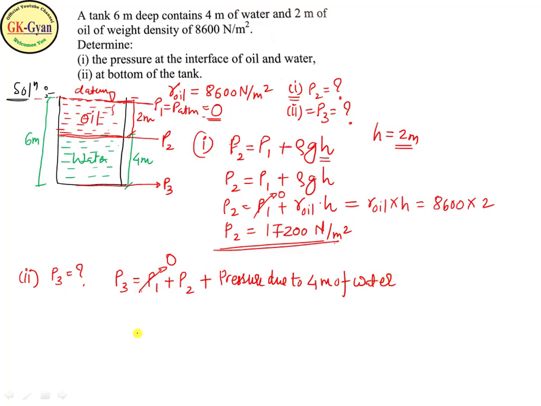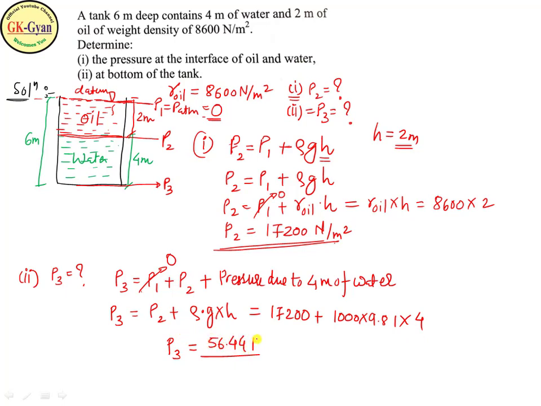P1 we know is 0 as it is open to atmosphere. So P3 equal to P2 plus rho g h. P2 we know, 17200 Newton per meter square, plus rho of water is 1000 into g 9.81, and the height will be 4. So calculate, and you will find P3 as 56.44 kilopascal.